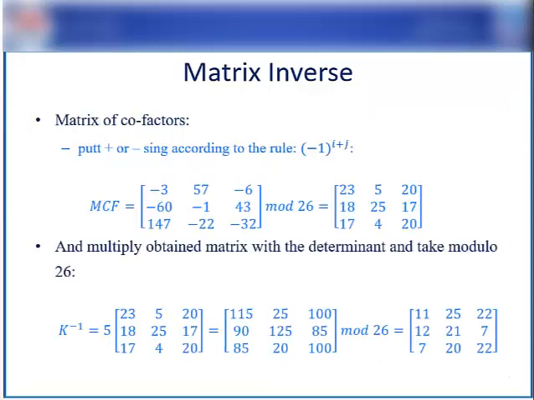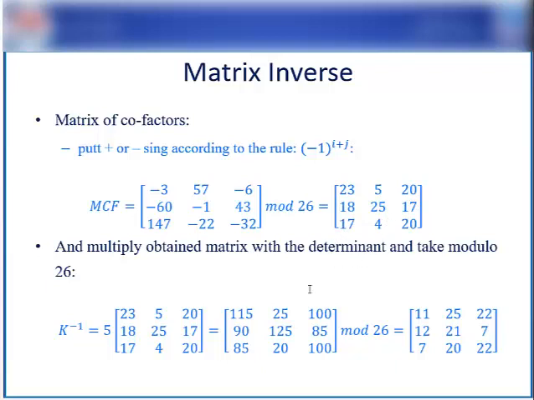Next, finding the matrix of cofactors means just putting a plus or minus sign according to this rule. So if we add plus or minus signs, we obtain this matrix. And now, calculating the value of these numbers modulo 26, we obtain this matrix of cofactors. Finally, we multiply the obtained matrix of cofactors with the inverse of the determinant.